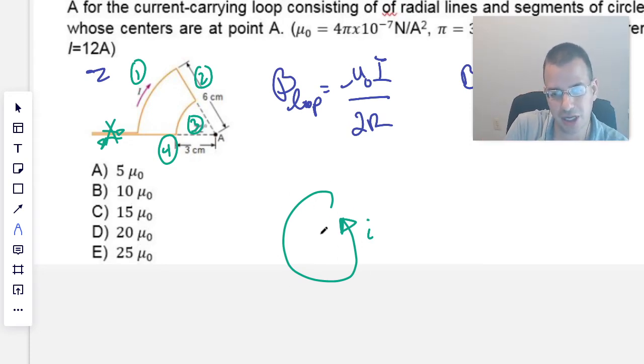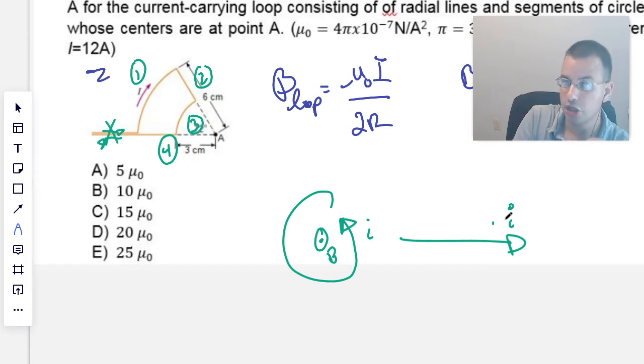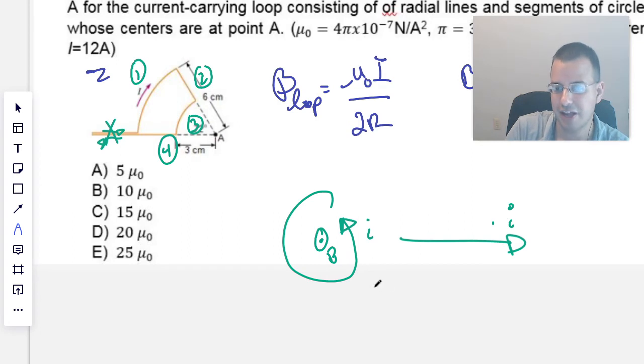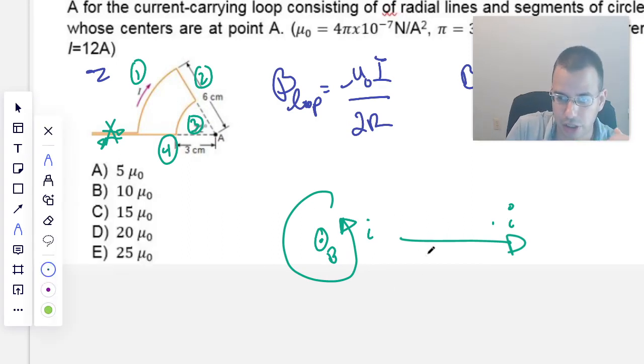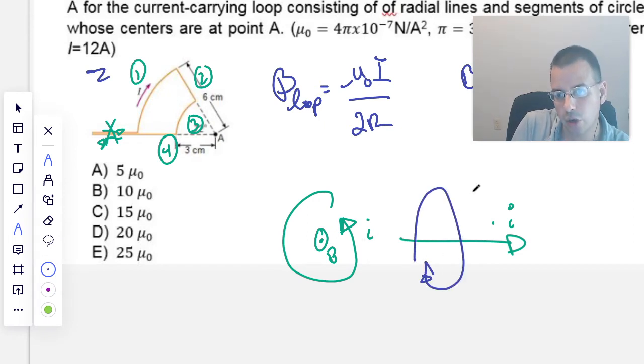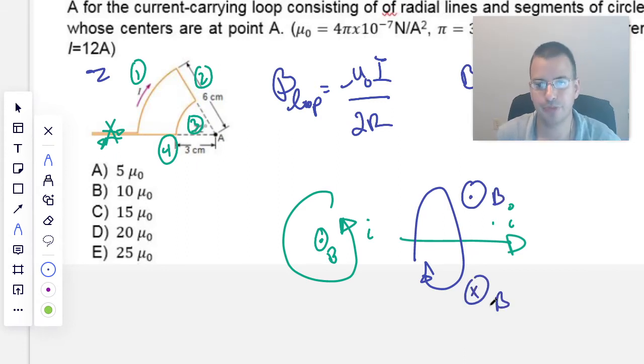So we have current going this way, the magnetic field is going to be going out of the board. And for a straight wire with current going, let's say this way, you place your thumb along the direction of current and wrap your fingers. For this, the magnetic field is going to be going like this, where at this point the magnetic field is coming out of the board, and at this point the magnetic field is going into the board. So that's the basic idea between current carrying wires and loops.